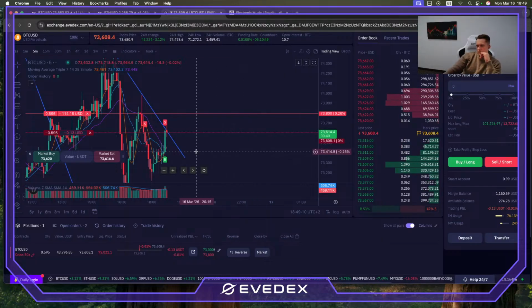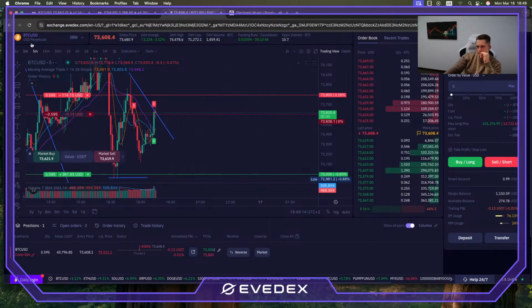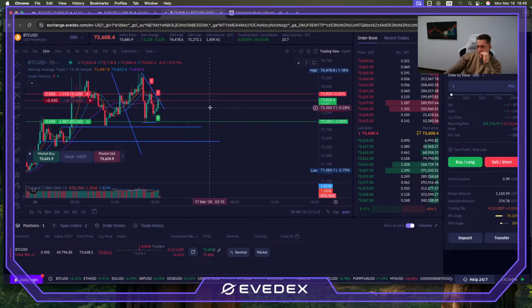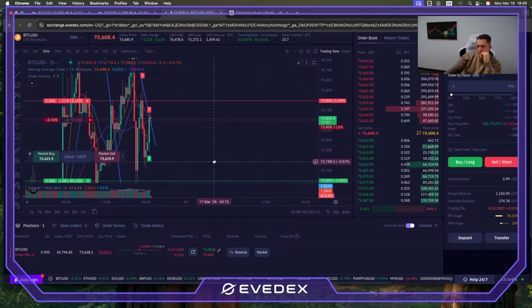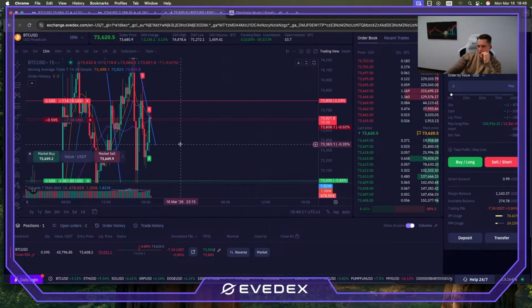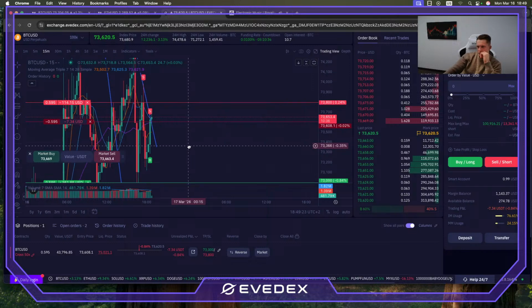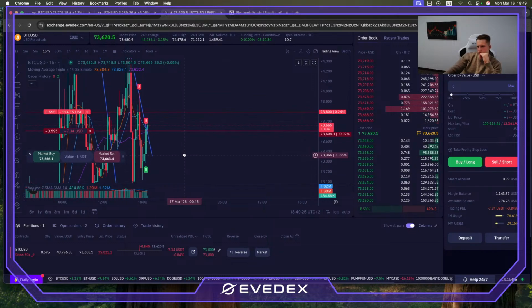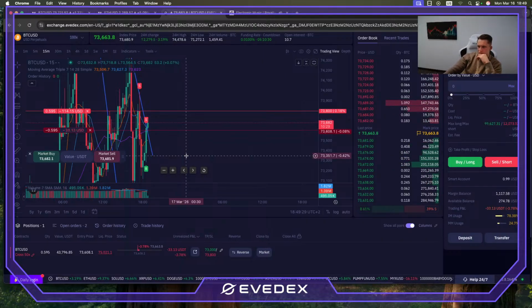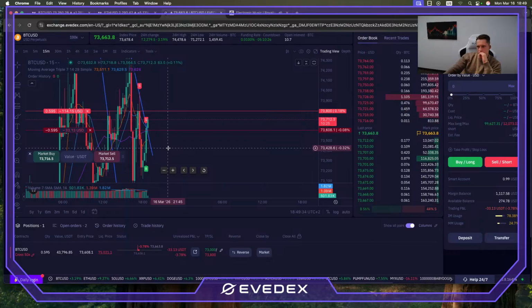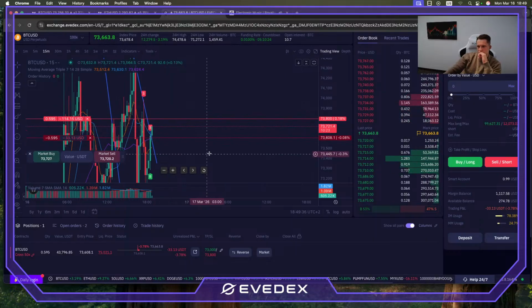But as seen in the 5-minute chart, it doesn't look too bad. And then as for the 15, not too bad either. It just looks like a false break. But of course, that could not be the case, and we'd see the price continuing for a bullish move.